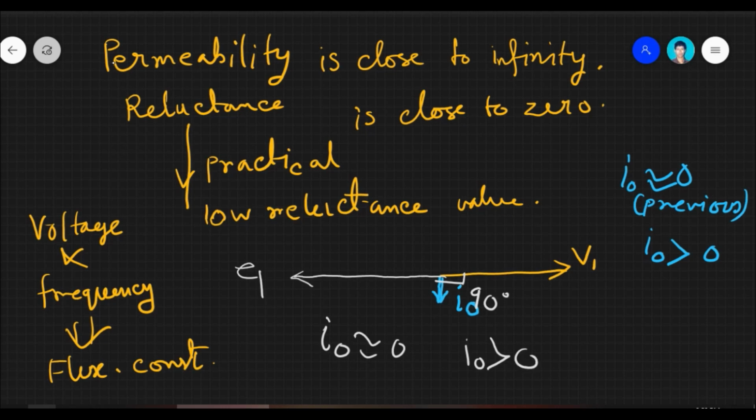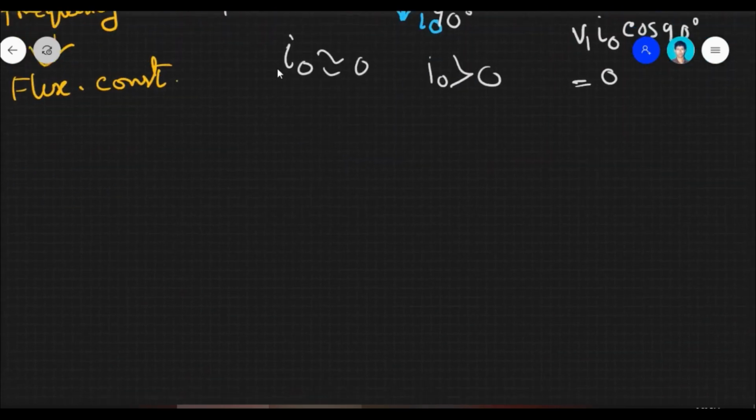But if you see the input power consumption during no load, it is V1 I naught cos 90 degree, that is equal to 0. So apparently there is no harm. Still the transformer is not drawing any real power from your source. The answer is that there is a small problem.